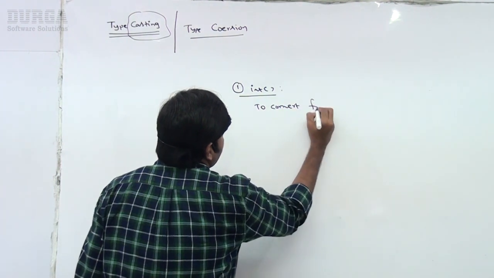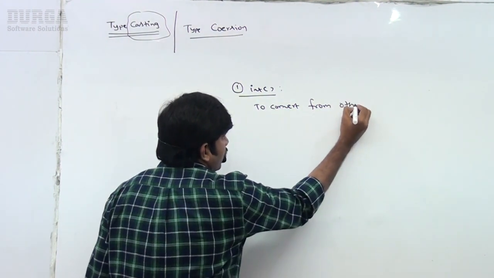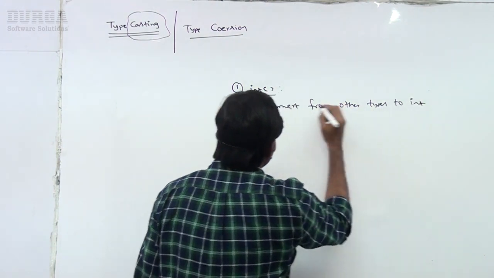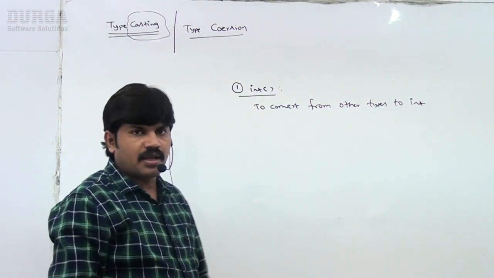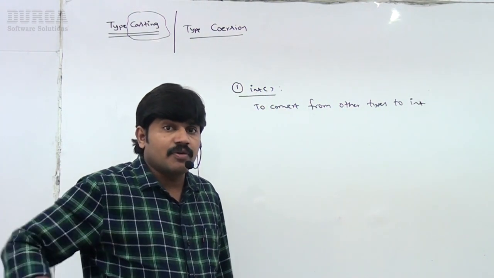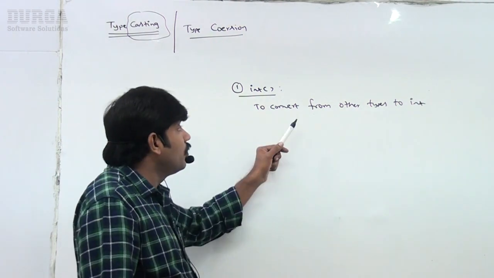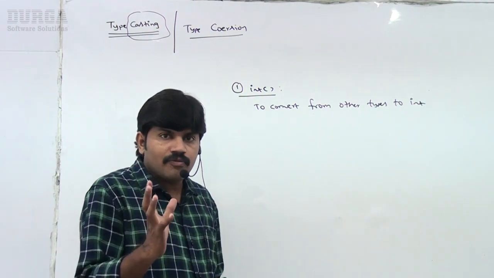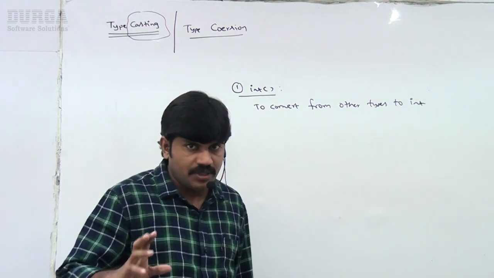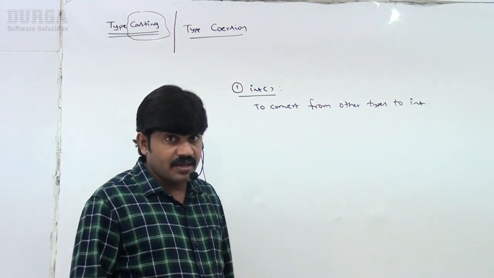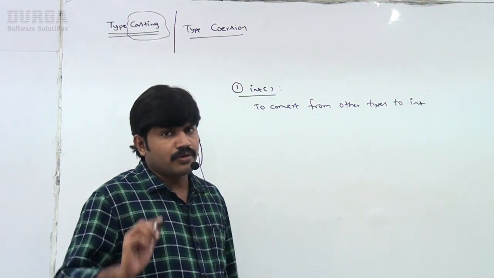Suppose I have a float value, how can I convert the float value to int type? I have a boolean value, how can I convert boolean to int type? To convert from other types to int type, we require to go for the int function. Clear, right? So now how can you use this one?